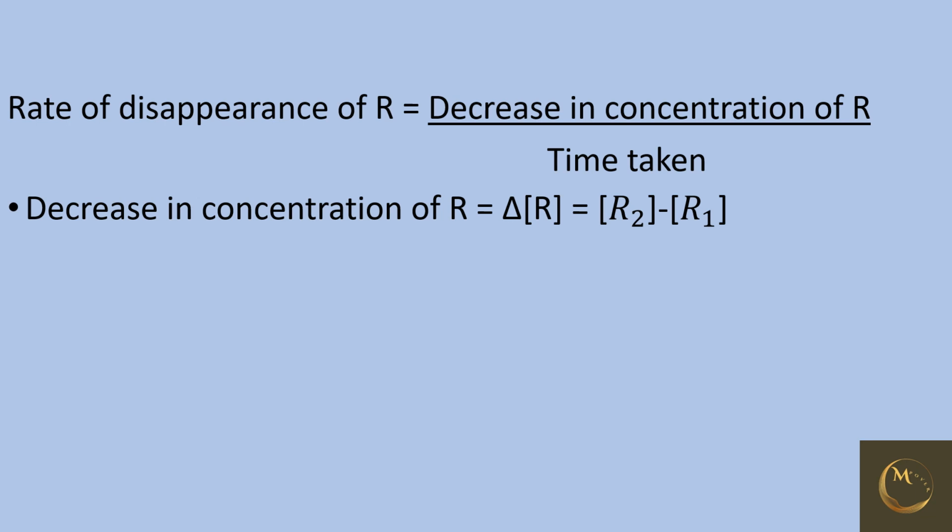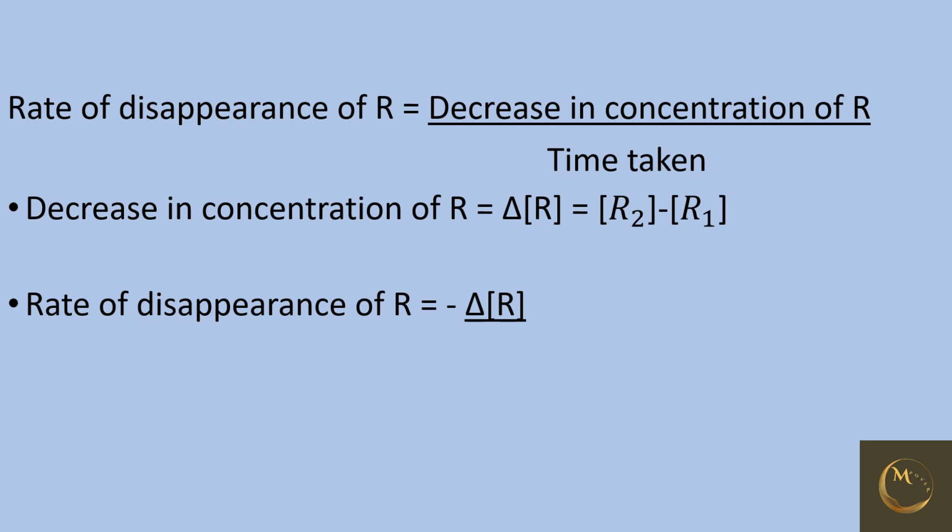Alright. Now you substitute this in the equation. Rate of disappearance of R is equal to minus delta [R] by delta t, where this minus sign indicates the decrease in concentration of the reactants.